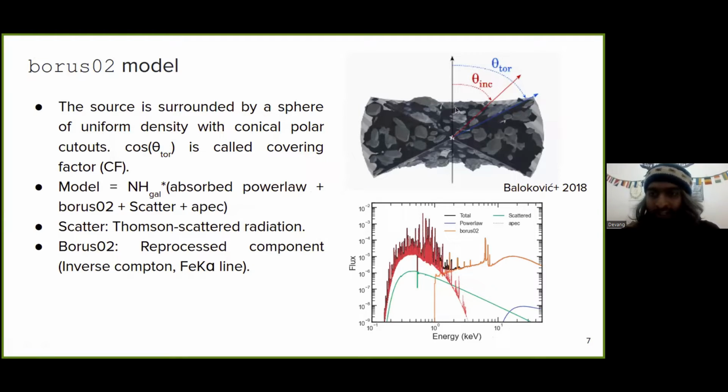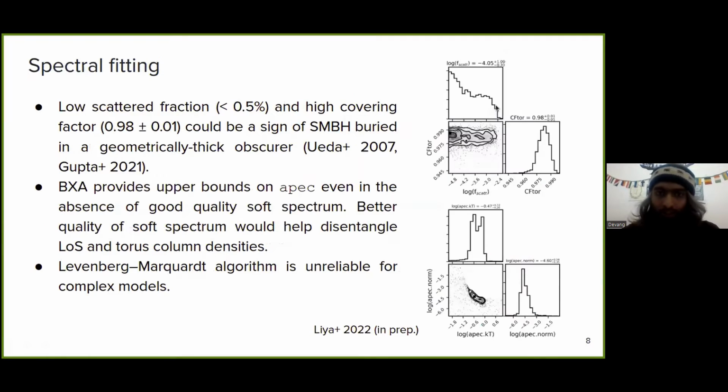We could guess that if it has a very small scattered fraction, then it should have a large covering factor. And that is indeed what we get here. This is the covering factor. So indeed, we get a large covering factor and a small scattered fraction.